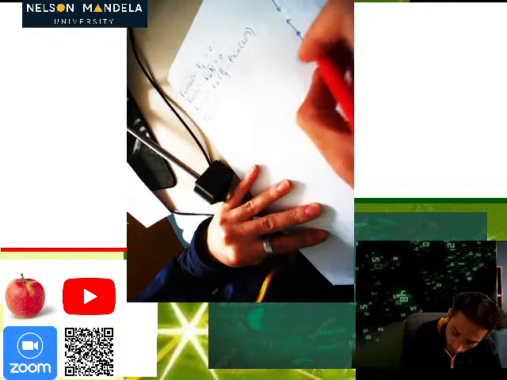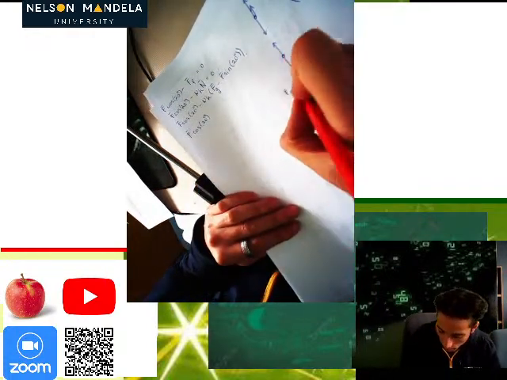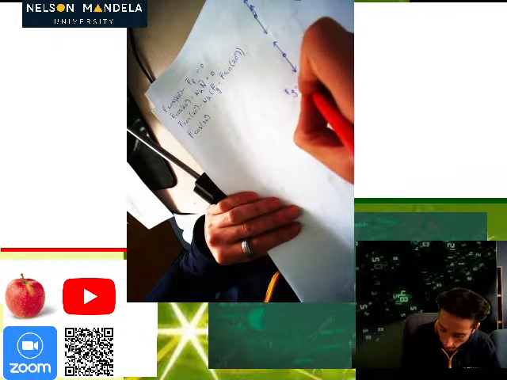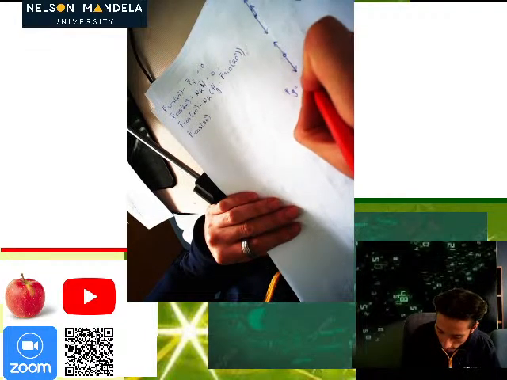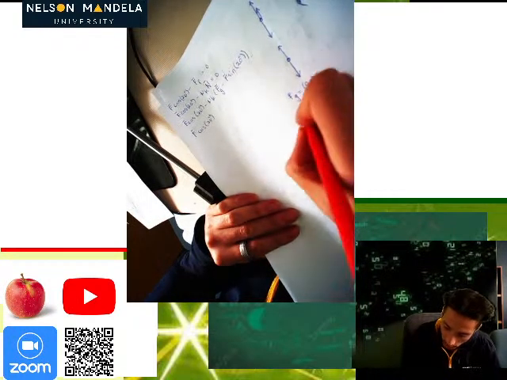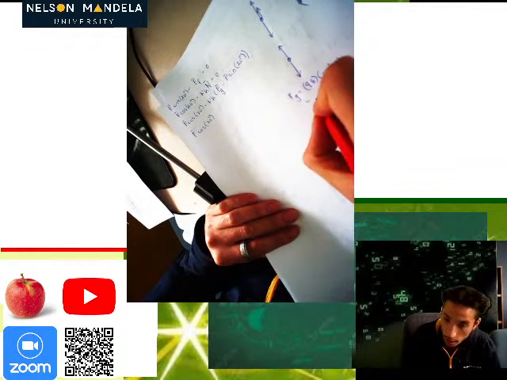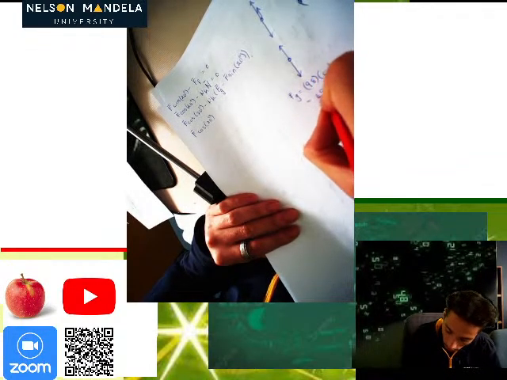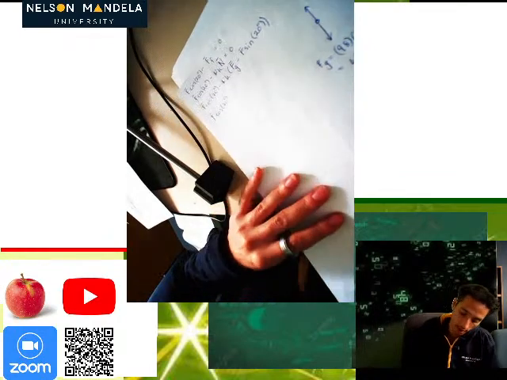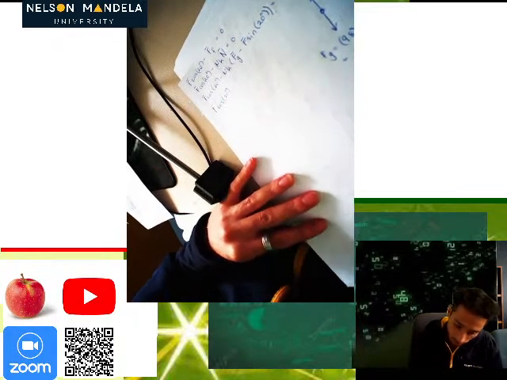If I do the separate calculation, Fg is equivalent to, according to Newton's law, 9.8 because of gravity times the mass of the box, which is 50 kilograms, which would give us 490 newtons. So this is still equivalent to 0.